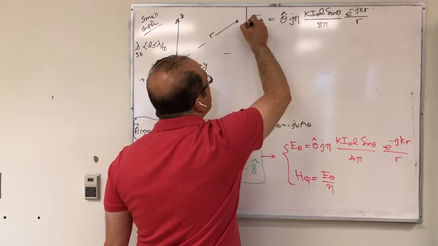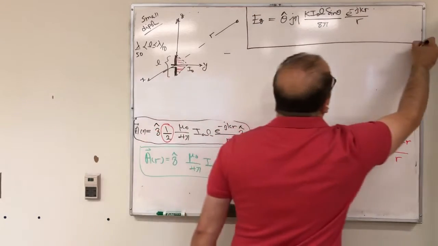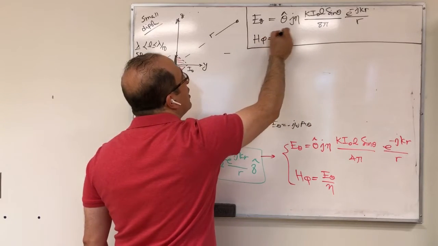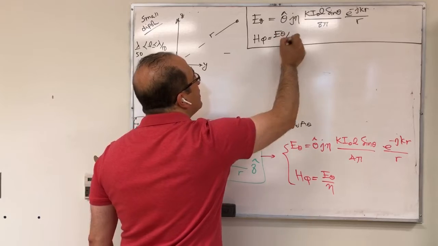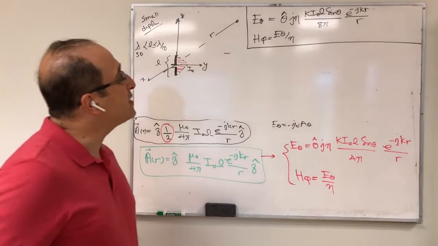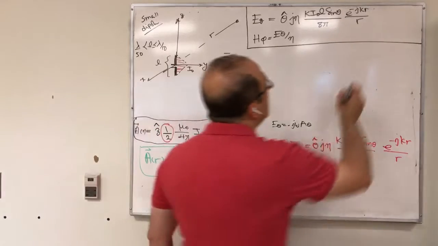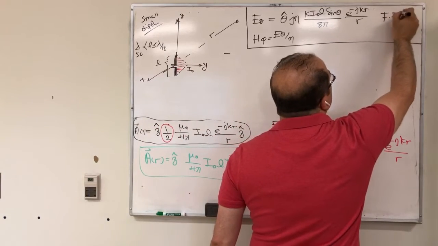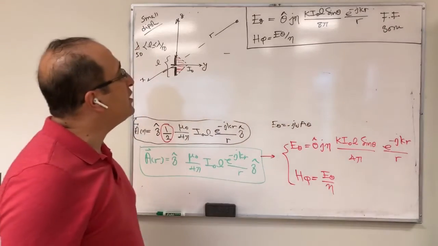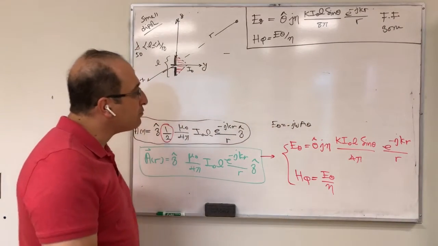So this is going to be the case for a small dipole antenna, and of course H phi in the far field is eta times smaller than E theta. That's the far field zone, of course, so I can emphasize it here too. So that's the situation that I had.